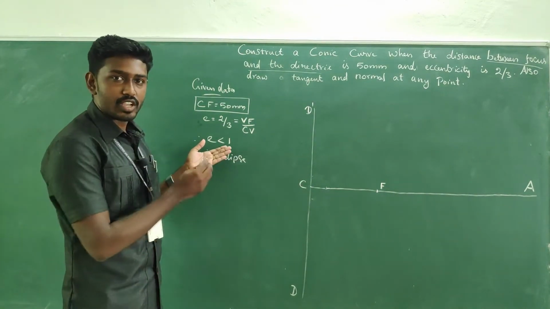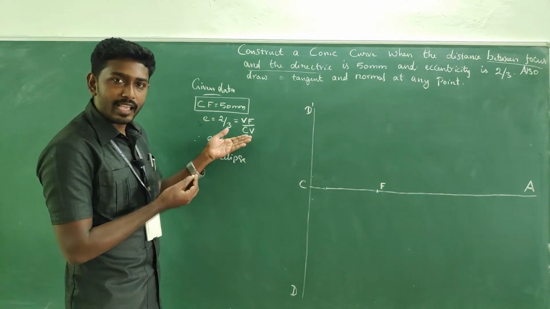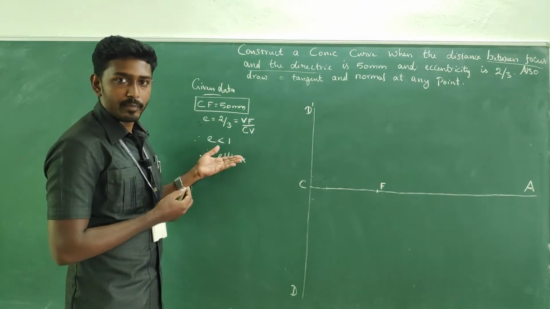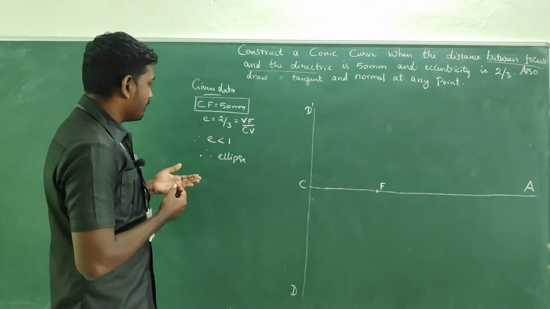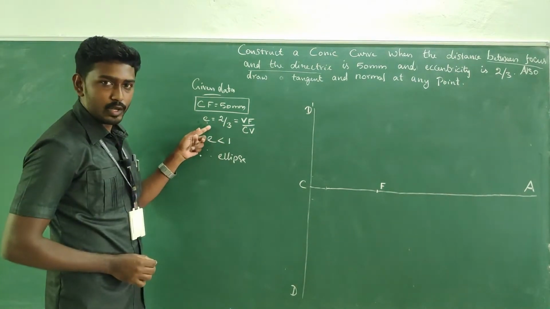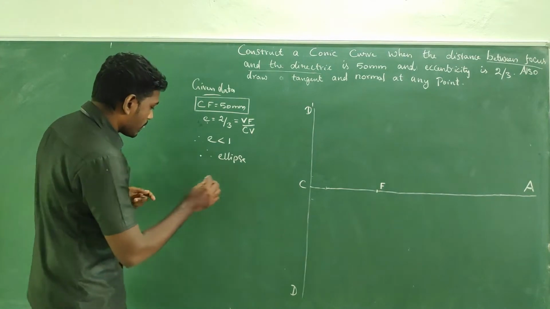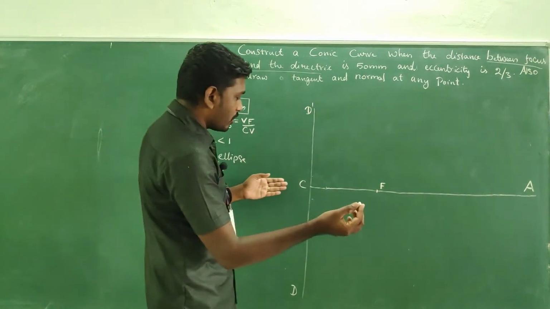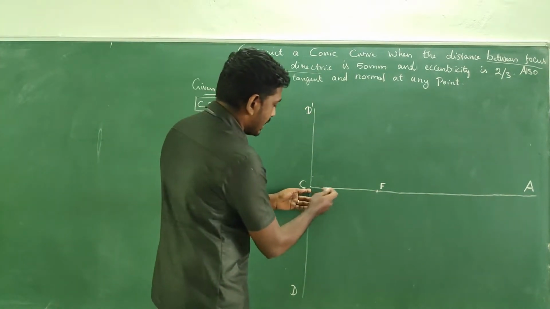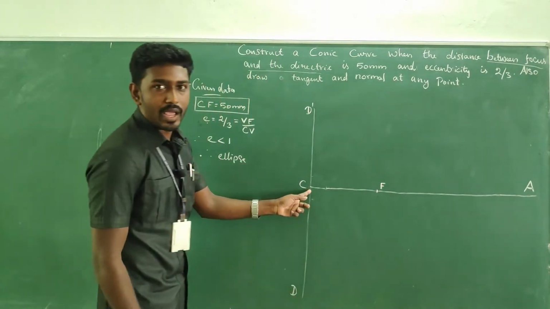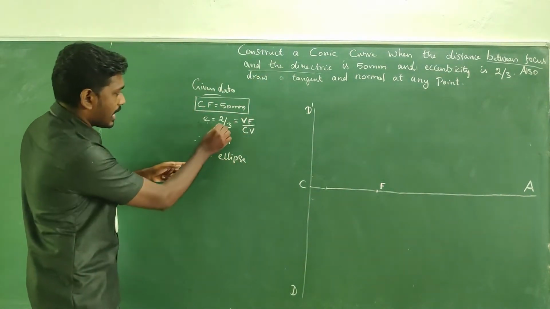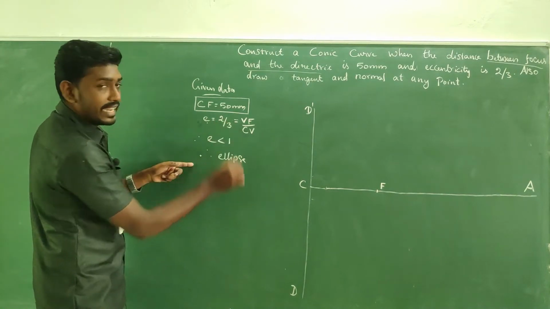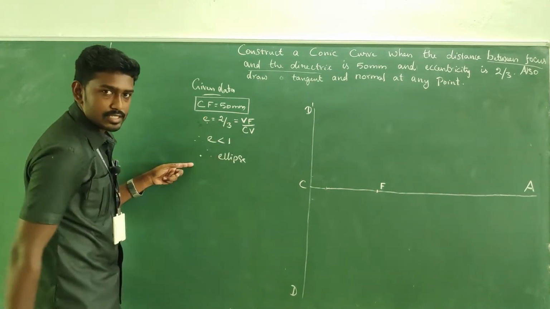Afterwards, concentrate on picking the vertex point, which is a moving point. For that, how do we get the information from the eccentricity value? We need to know the divisions between C and F. For that, just add the numerator and denominator values of the eccentricity.